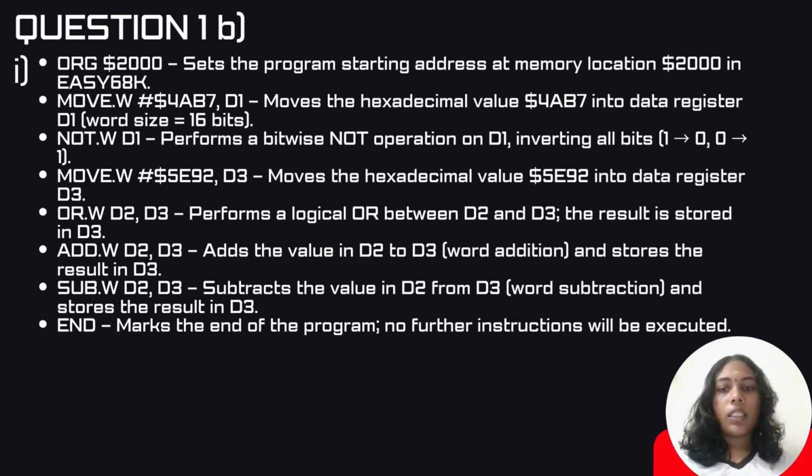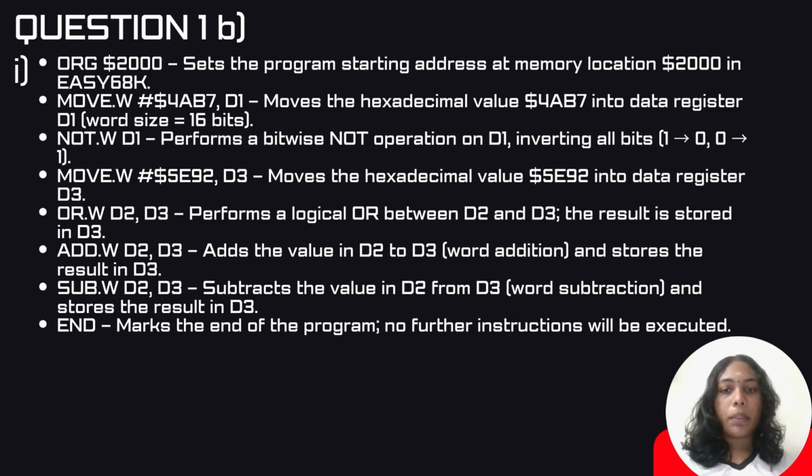First, ORG $2000 sets the program starting address at memory location $2000 in Easy68K. Second, move.w #$4AB7,D1 moves the hexadecimal value $4AB7 into data register D1.